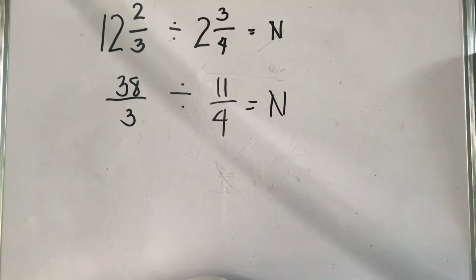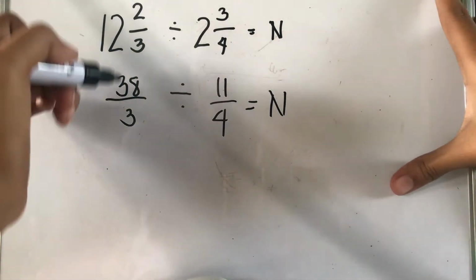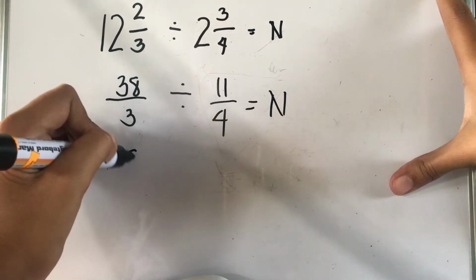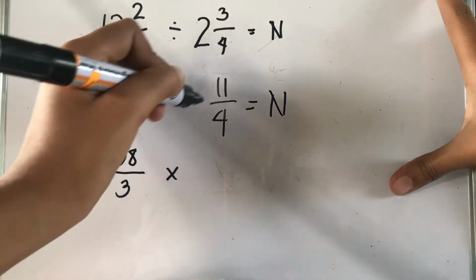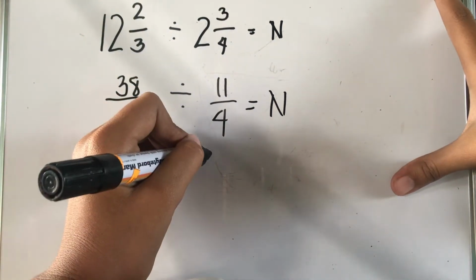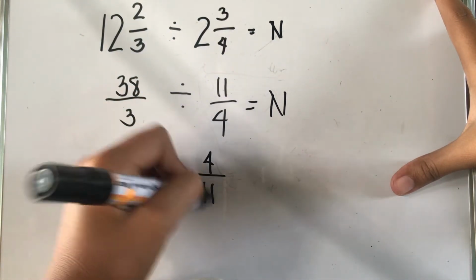And now let's do the multiplication. So let's have 38 over 3 times the reciprocal, 4/11.